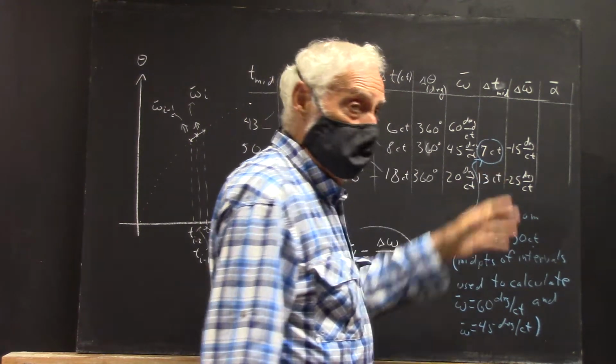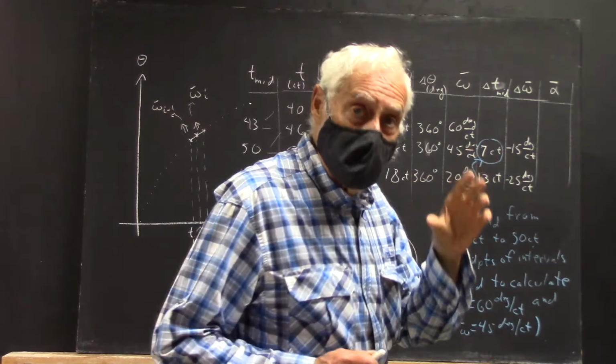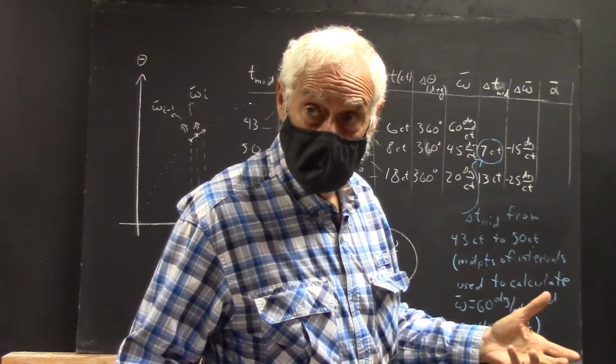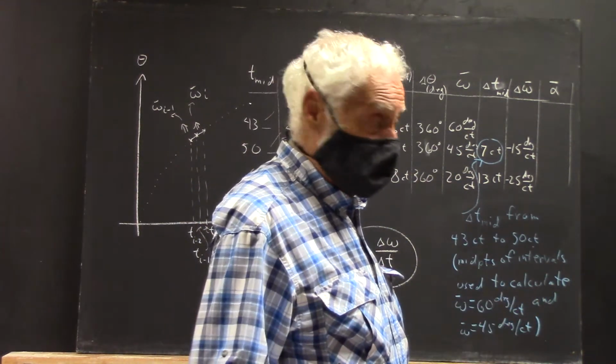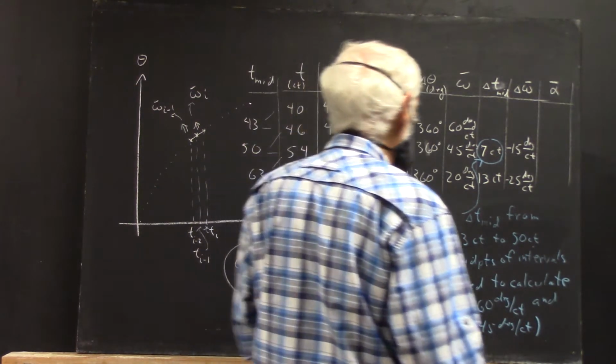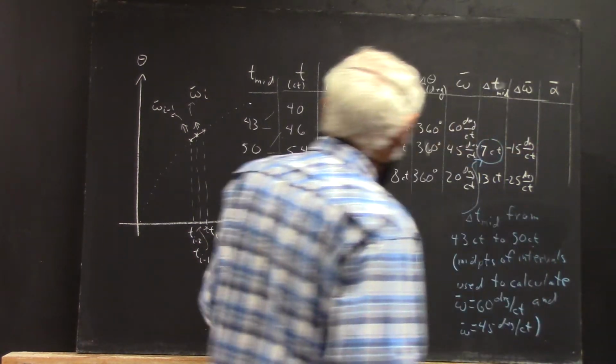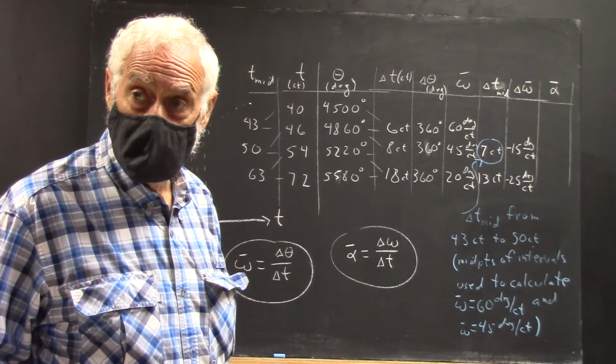It's not as immediately obvious as how fast things are moving. How fast is its speed changing? Actually velocity, and in this case it's angular velocity that is changing, but we'll worry about those things a little later. So now alpha bar, well, it's delta omega over delta t, right?